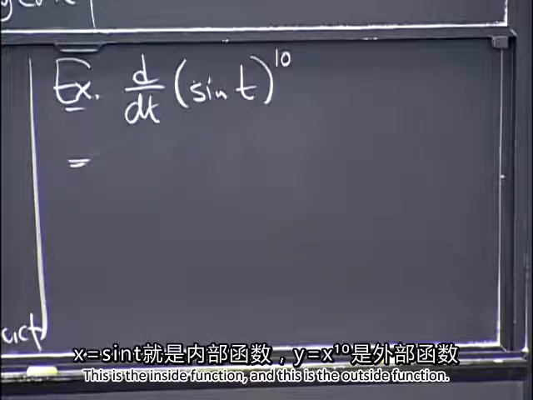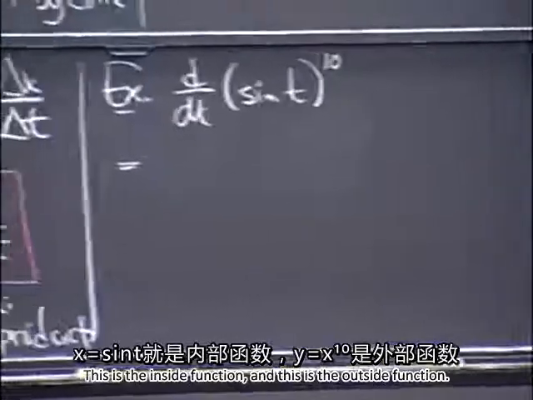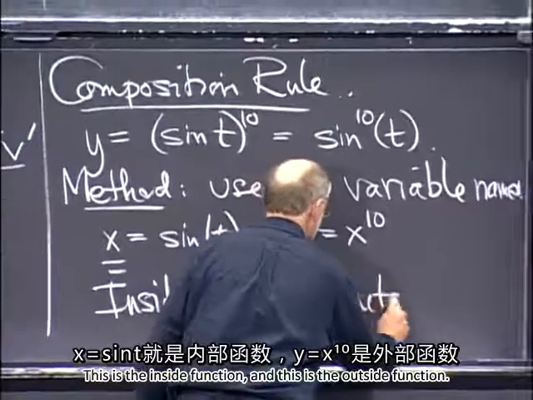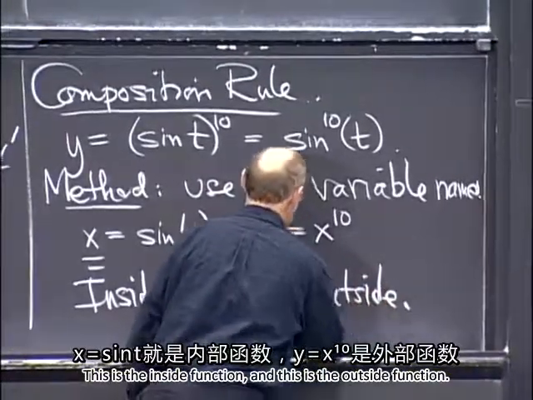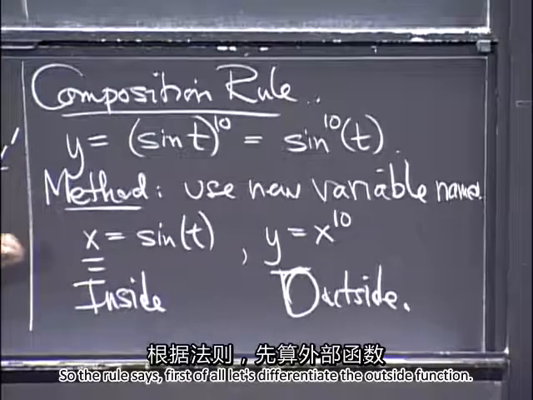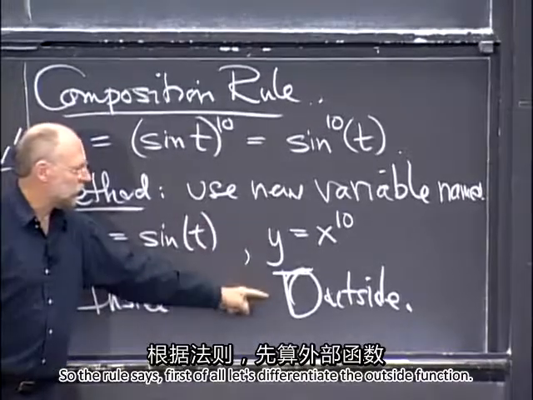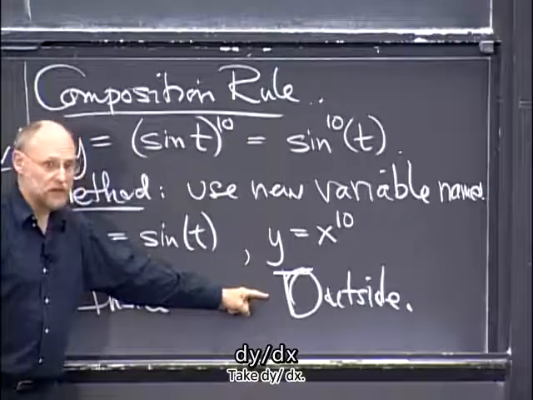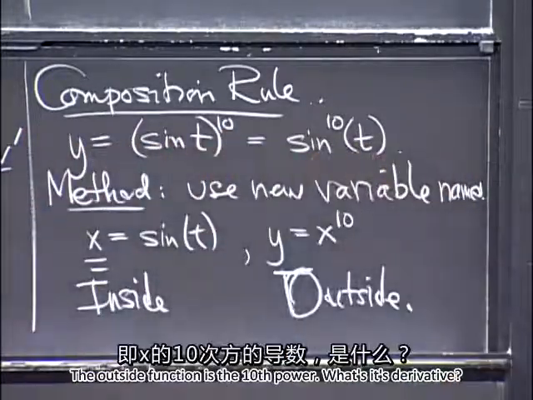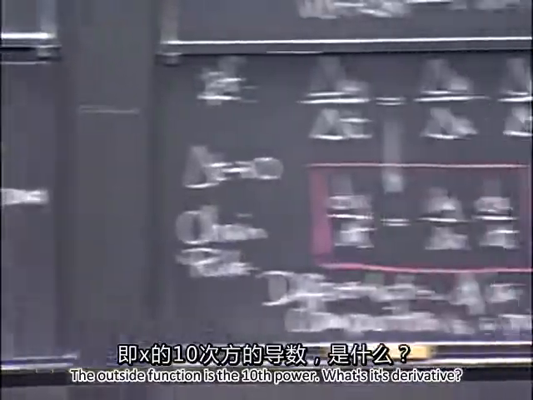That is, this is the inside function, and this is the outside function. So the rule says, first of all, let's differentiate the outside function. Take dy/dx. Differentiate it with respect to that variable x. The outside function is the 10th power. What's its derivative?